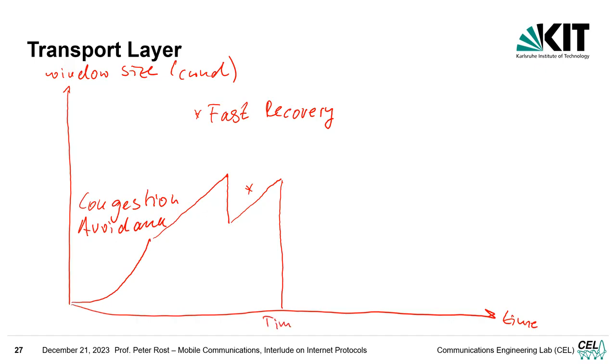This would actually happen when you have a timeout, meaning when you do not hear anything from the destination, and then you start again with your slow start, congestion avoidance, and so forth. And that's the very typical shape of how a TCP connection looks. And as mentioned, use Wireshark.